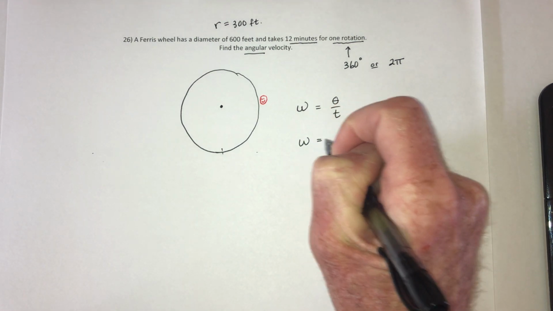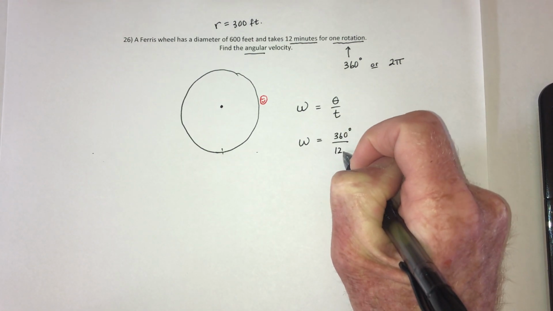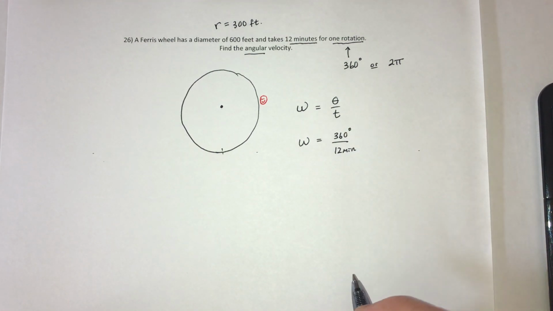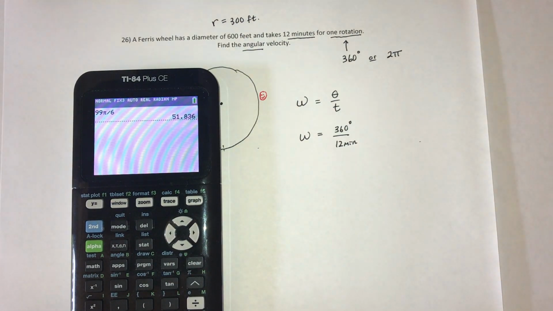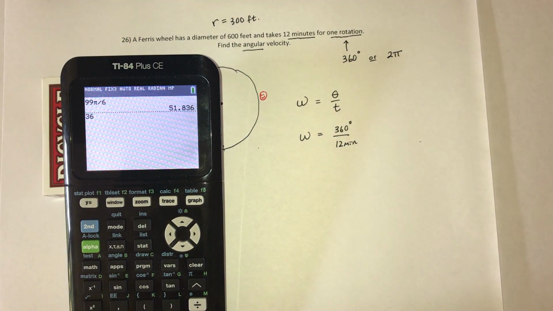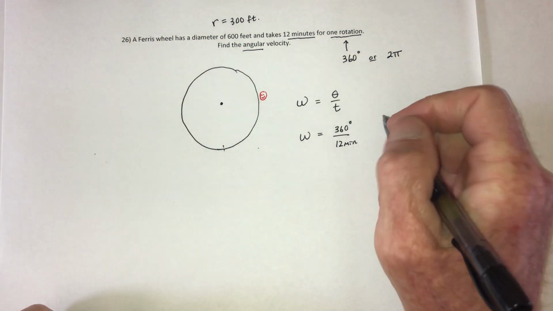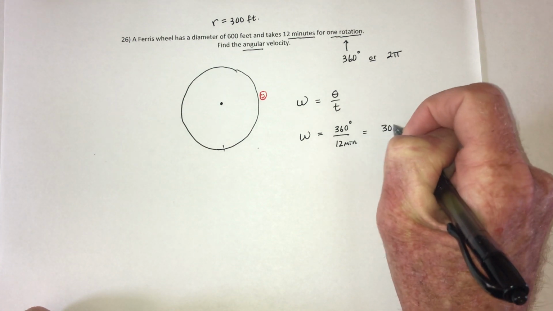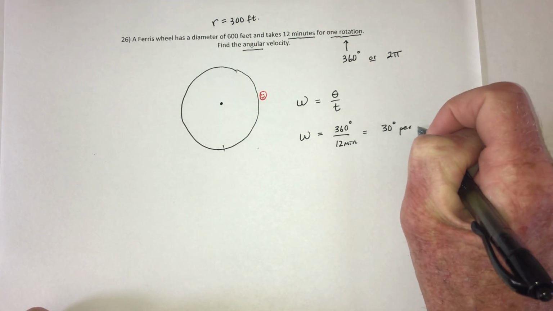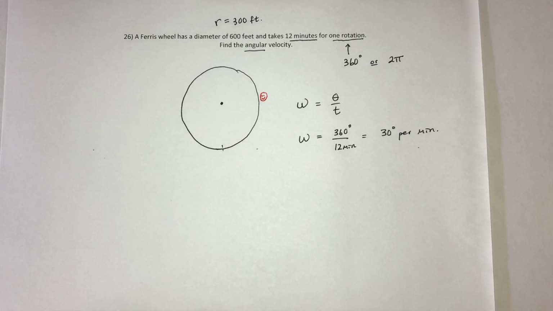So this would be 360 degrees every 12 minutes. 360 divided by 12 is 30. So this equals 30 degrees per minute. And that is one perfectly acceptable answer.